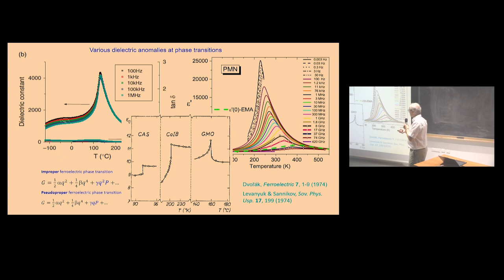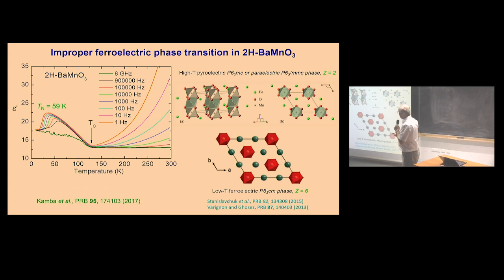In the case of pseudoproper, you can imagine that the order parameter is, let's say, magnetization in multiferroics, and it induces a tiny dielectric anomaly of this shape, like in terbium manganite. Here is an example of improper ferroelectric phase transition in hexagonal barium manganite.